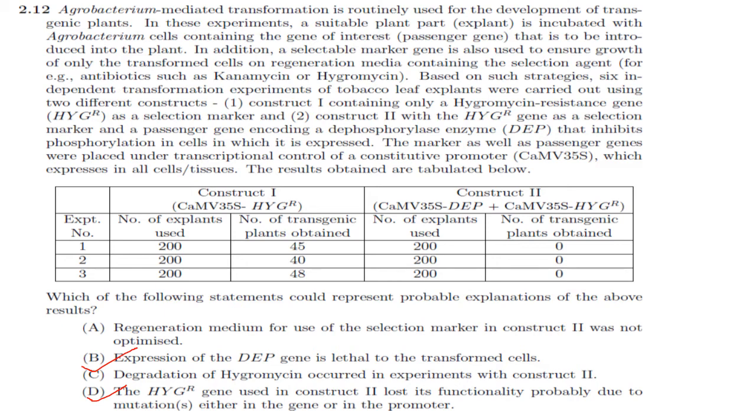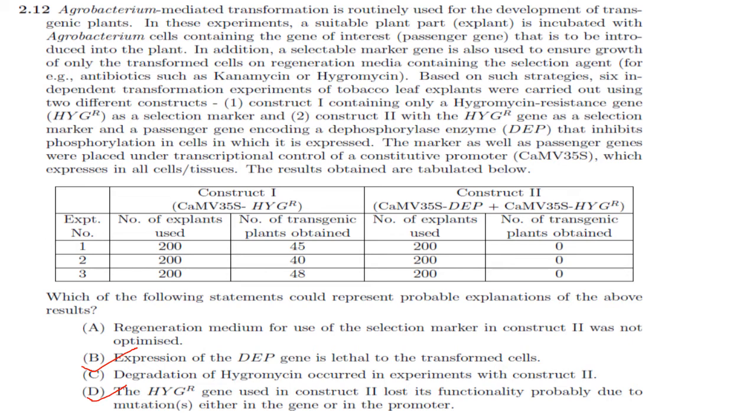So based on this strategy, what they have done was they have transformed tobacco leaf explants using 2 different constructs. So construct 1 containing only hygromycin resistance gene as selection marker, and construct 2 with hygromycin resistance gene as selection marker and a passenger gene encoding a dephosphorylase enzyme that inhibits phosphorylation in cells when it is expressed.